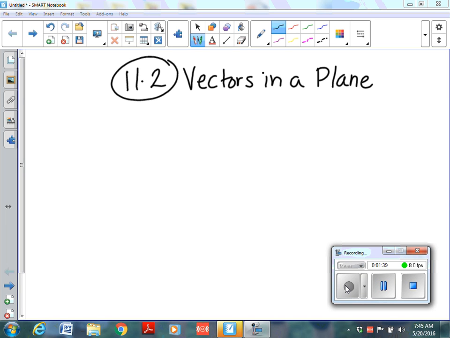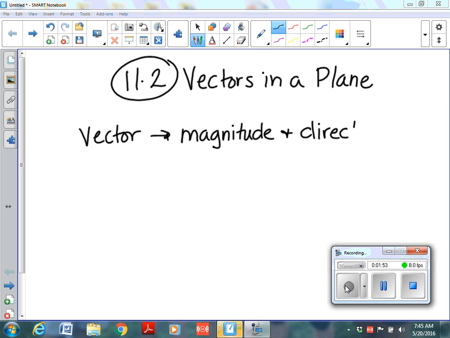So, a vector has magnitude and direction. Basically, this is vector A. In trigonometry, we skipped the first section, 8.1.